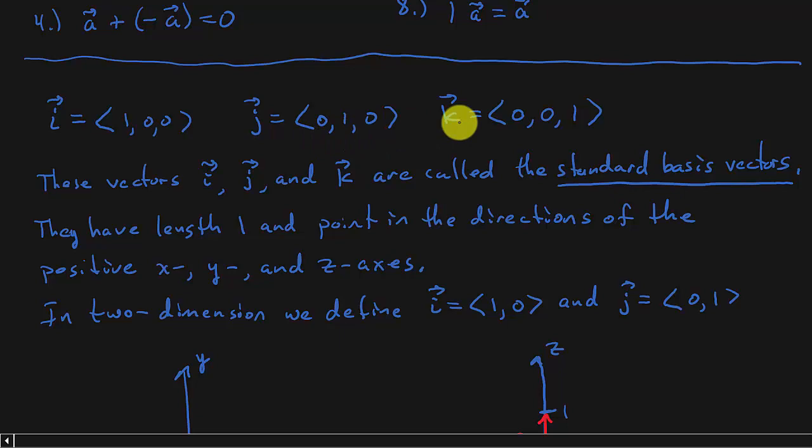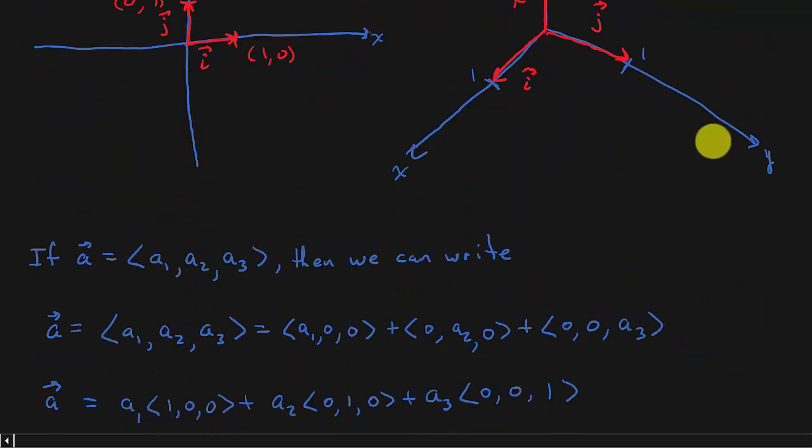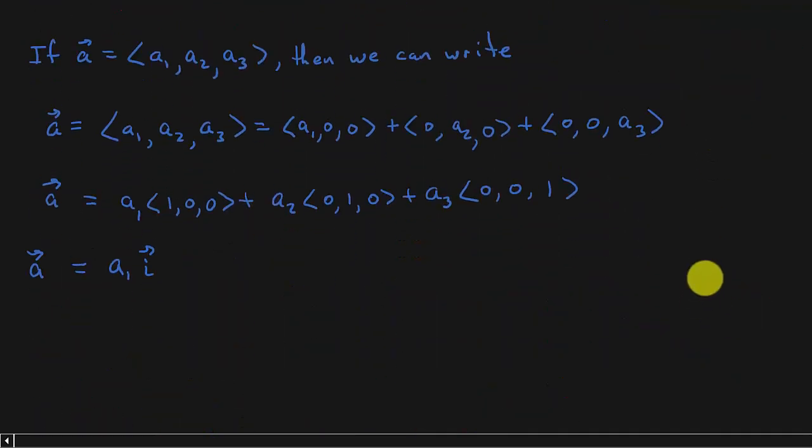Not 1, 0, 1. I have no idea why I put that. All right. And so now we have plus A2 times, and this is vector J, and then plus A3 times, and then what is that vector? That's vector K. All right.